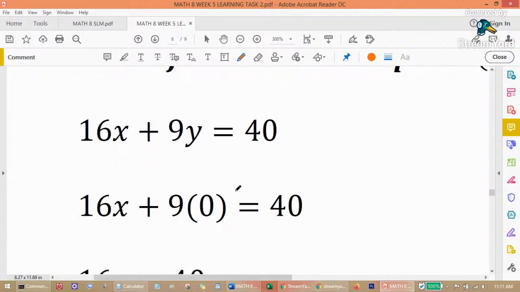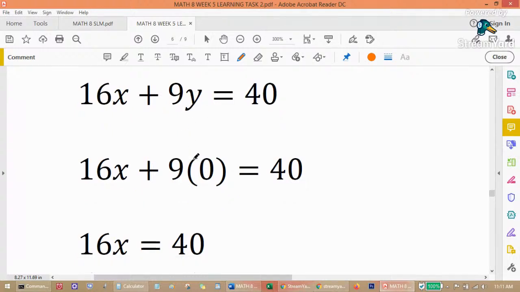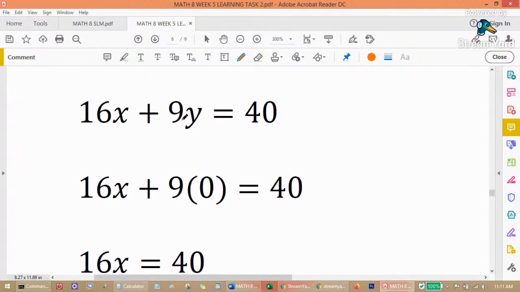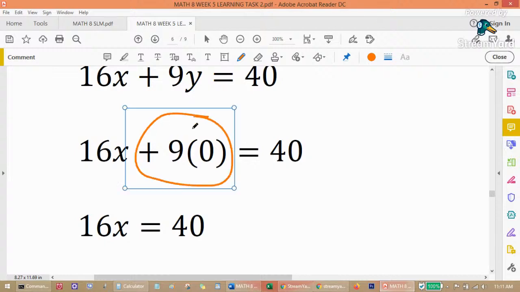Okay? So, dahil tong y na to ay naging 0, 9 times 0, so mawawala na to. Because 9 times 0 is magiging 0, mawawala na to.